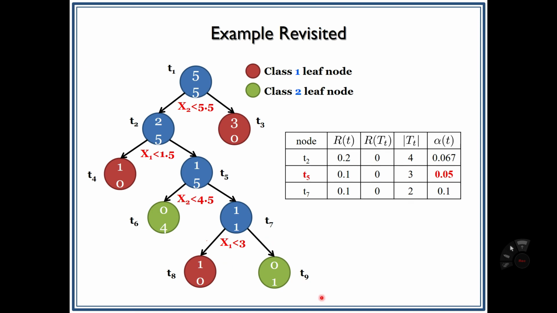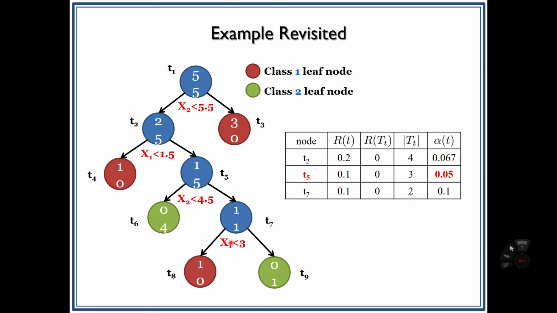And then the possible pruning from this example is we can cut off here, we can cut off here, we can cut off here, right? Which means that if we cut off these two branches, then this T2 is declared as a leaf node. And if we cut off these two branches, then this T5 is declared as a leaf node.